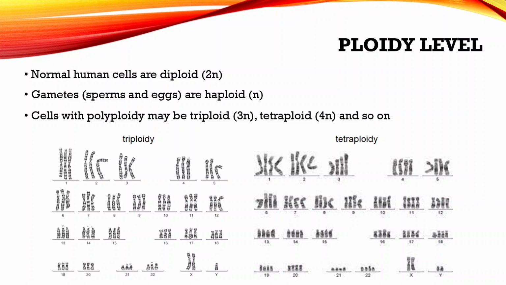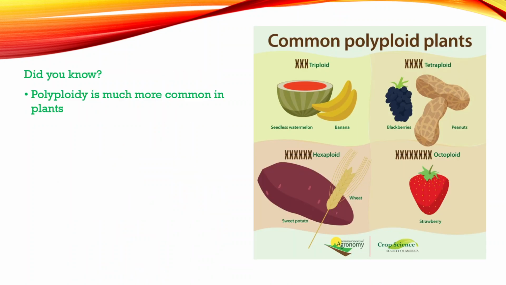I've seen triploid and tetraploid when I was working in the hospital, not 5 or 6 sets, not in humans anyway. But in plants, a higher number of sets is possible. Strawberry, which most of you probably like, actually has 8 sets of chromosomes. Quite a lot of sets.